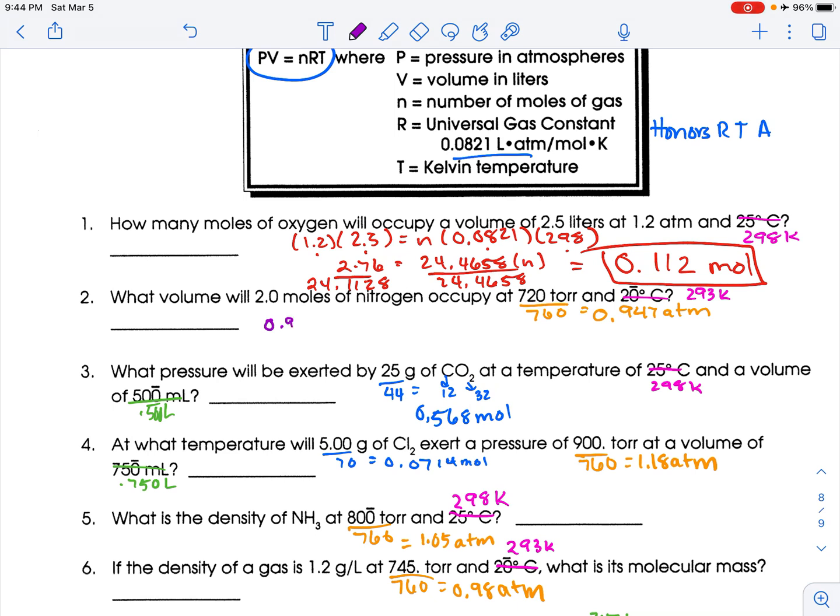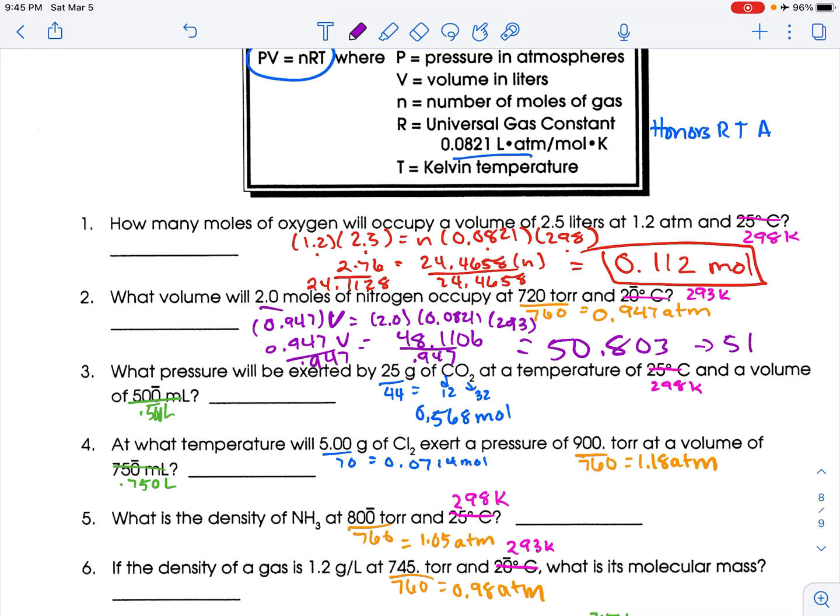So P, V is what I don't know, and n, R, T. So calculate 2 times 0.0821 times 293, 48.1106, equals the quantity 0.947 times V. So divide both sides by 0.947. 50.803, etc. And let's talk sig figs. Looks like 2 sig figs here, so that should be 51 liters.